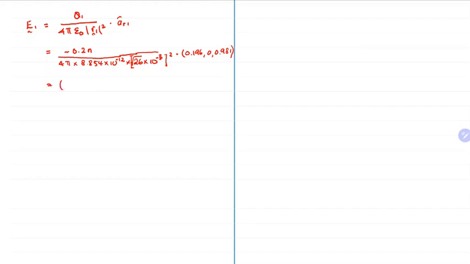And this should give us (-0.014, 0, -0.068) volts per meter. E2 due to Q2 is Q2 over 4 pi epsilon naught, R2 magnitude squared, times the unit vector R2.